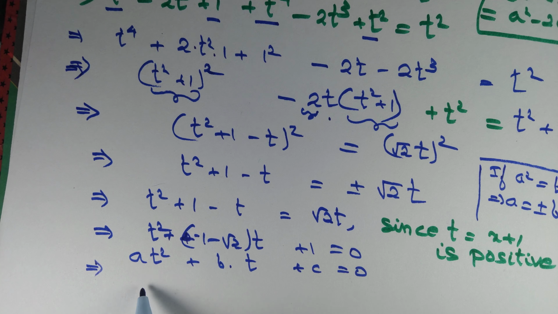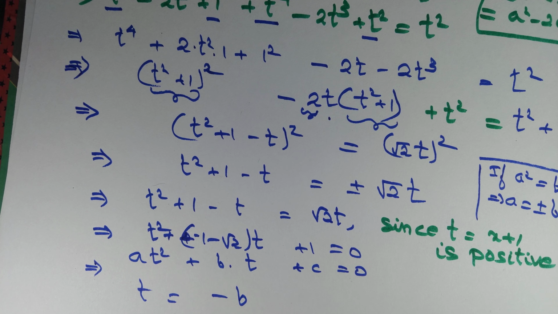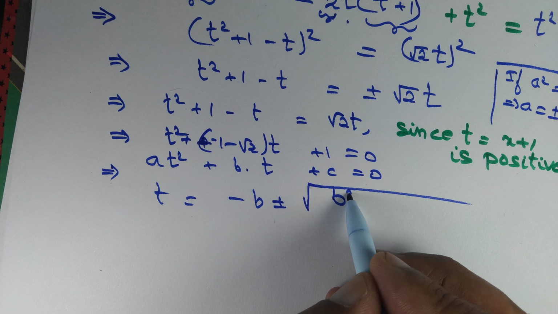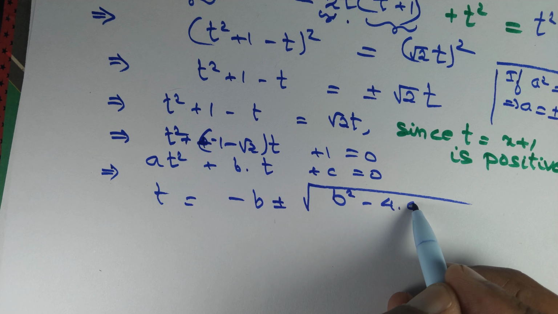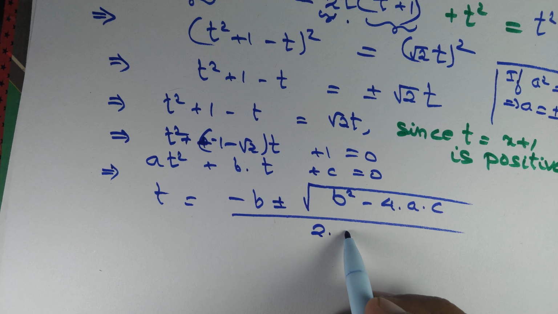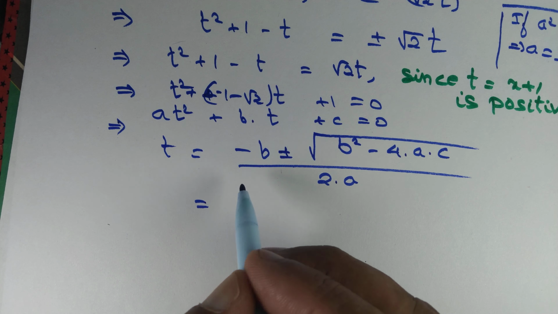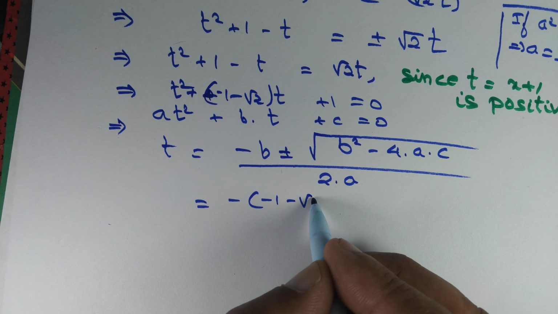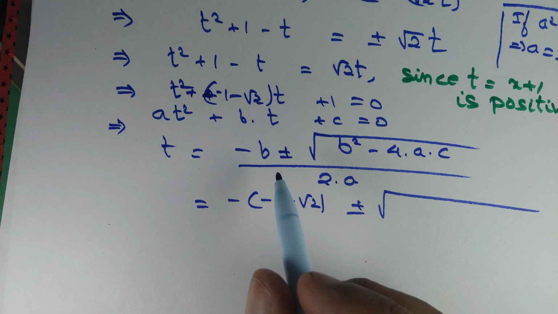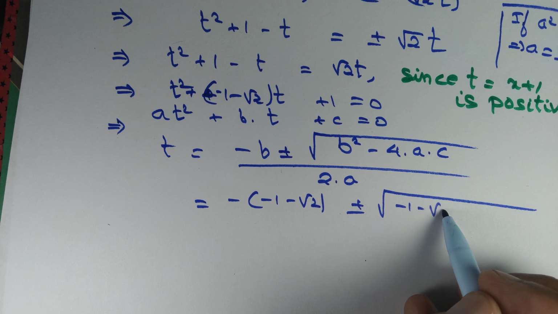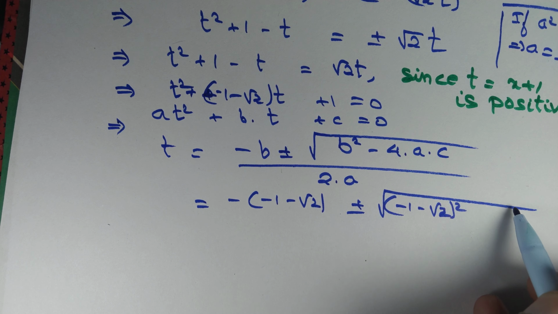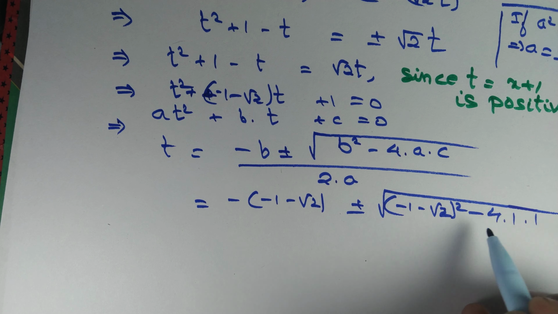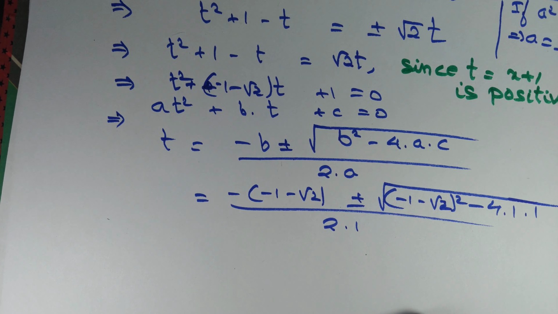Roots are given by t equal to minus b plus minus root over b square minus 4 into a into c, divided by 2a. Here b equal to minus 1 minus root 2. So minus of minus 1 minus root 2 plus minus root over b square, minus 1 minus root 2 whole thing square, minus 4 into a. A is 1, c is also 1, divided by 2a.